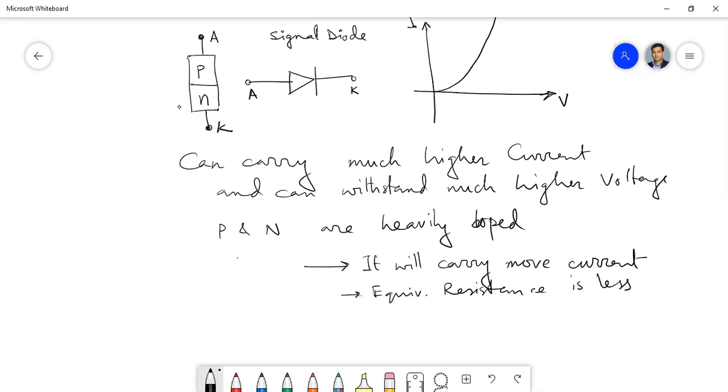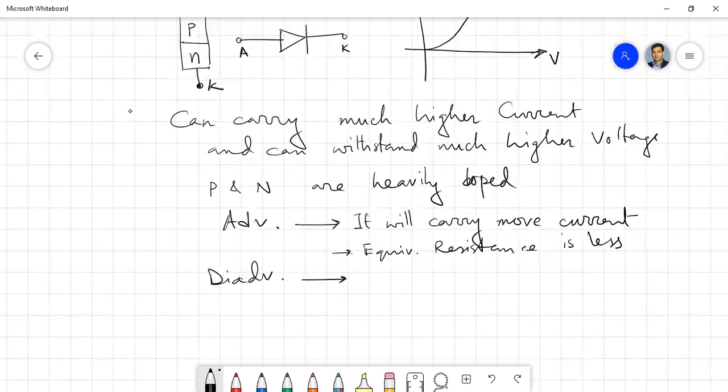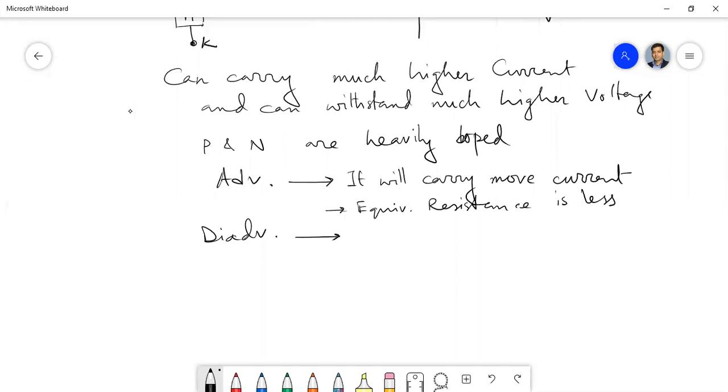Now, these are the advantages. What are the disadvantages? Can you think of any disadvantages of this? More heat is generated? No, if the resistance is less, the current is more. The size will increase?